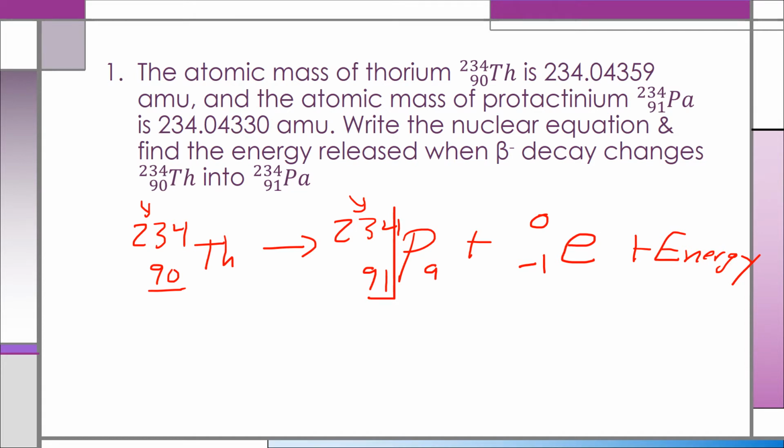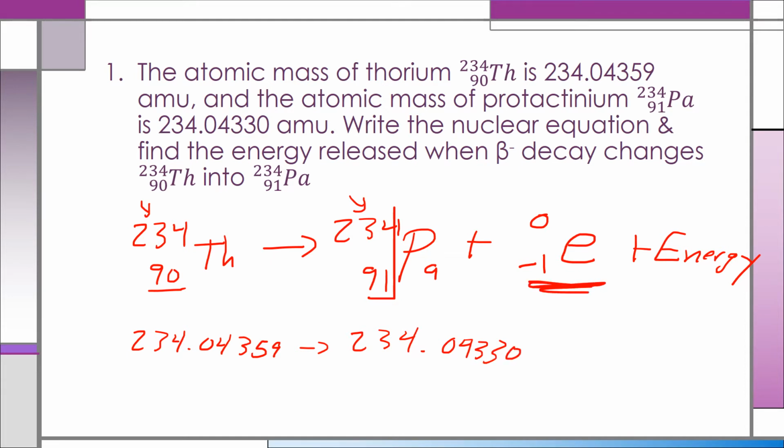Now thorium has a mass of 234.04359. Protactinium has a mass of 234.04330. Now, I know that the electron technically has mass, but remember it's like 1/2000th the mass, so rather than writing it down, it's going to have a negligible effect on our calculations here.